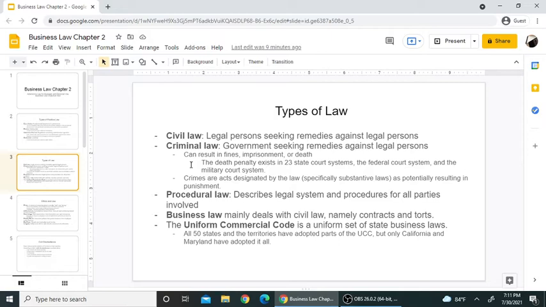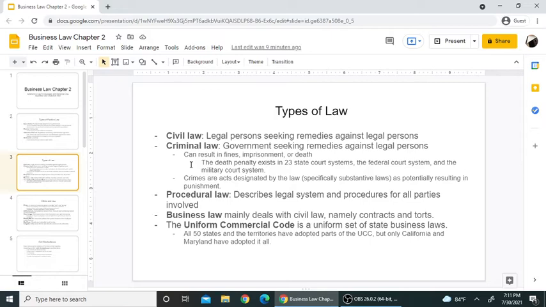And when I say legal persons, that not only includes human beings, but also businesses or corporations, because they have certain limited personhood when it comes to the law. So civil law is basically when two non-governmental parties are suing each other, and the law that's created out of those lawsuits, or law that's created by legislature regarding those kinds of lawsuits, is considered civil law.